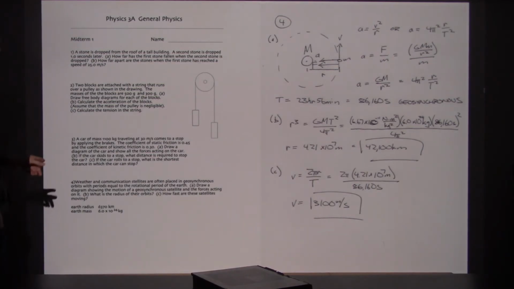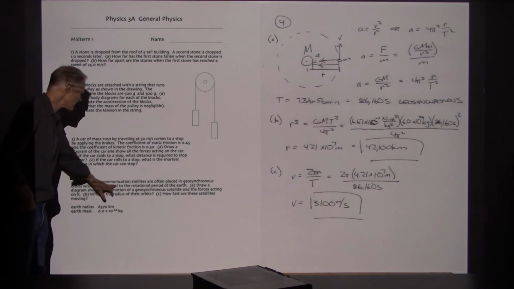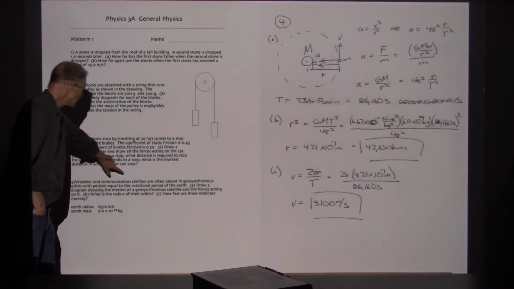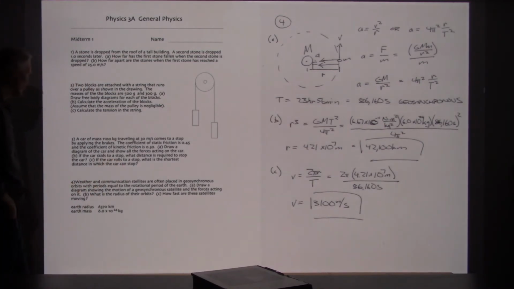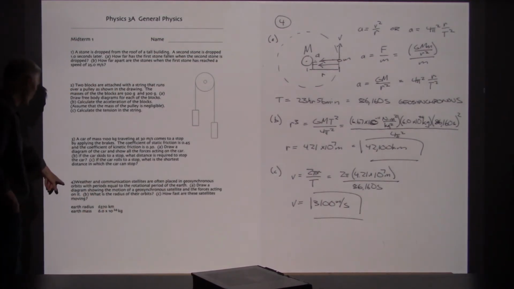So here's problem 4, and it says whether communication satellites, we got to spell satellites correctly, so that could be corrected too, are often placed in geosynchronous orbits. It's funny how when I proofread these, I have to slow down.